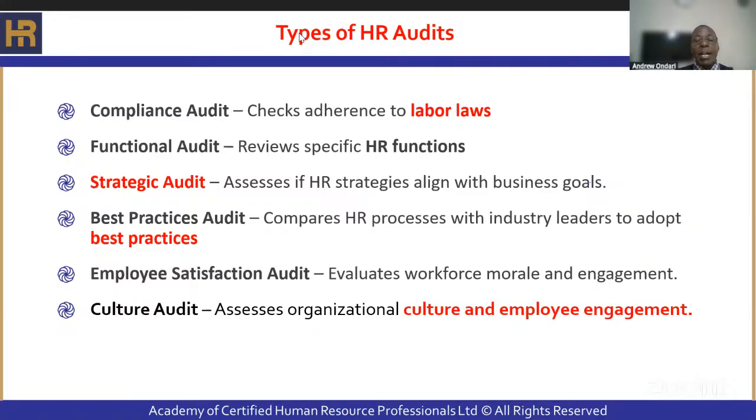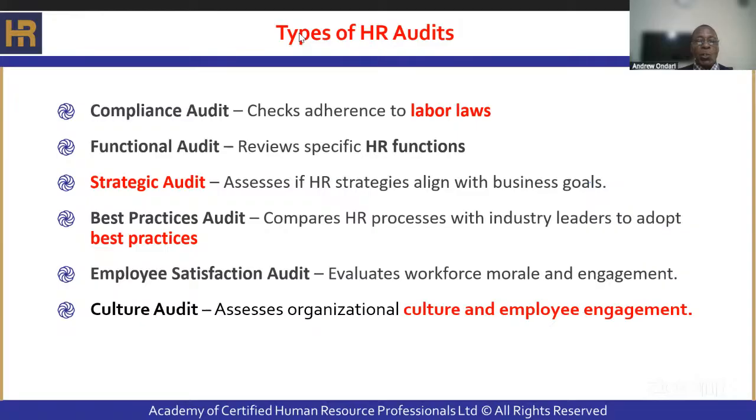Values relate to aspects that organizations consider to be important for their success. What are the examples of these values, which originate from the mission and core values of an organization? One is integrity and honesty.